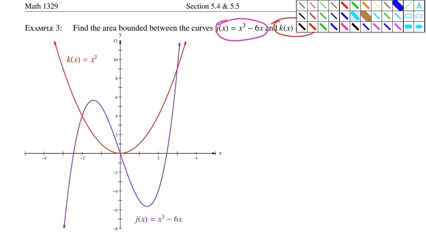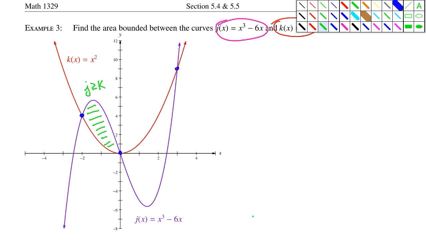Now the problem here is the following. We can see the bounds here are going to be -2, 0, and 3. And I'll show you how to do that algebraically in a moment. But the issue here is this. Between -2 and 0, the j function is on top of the k function.